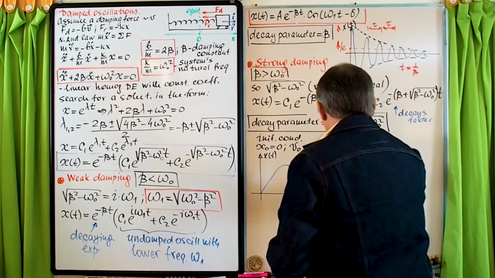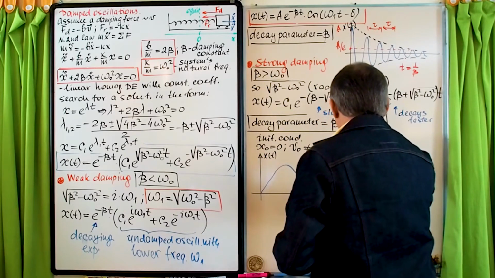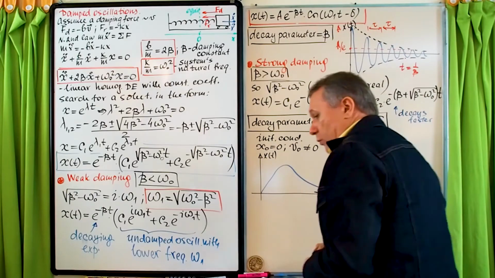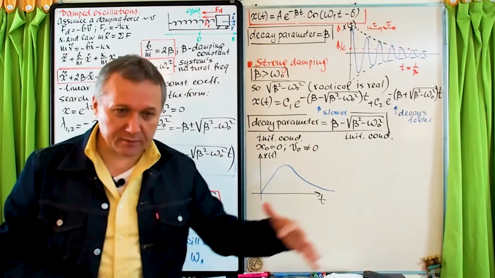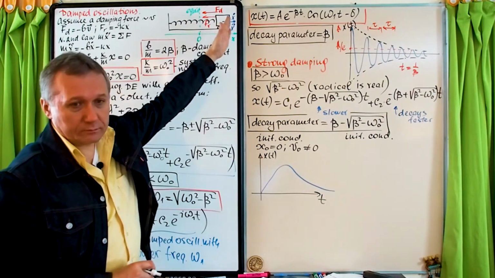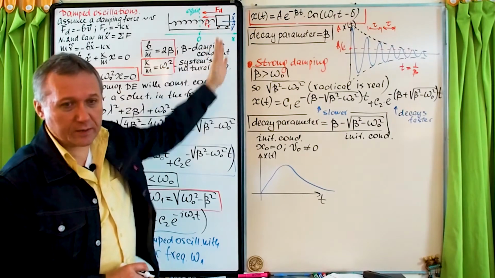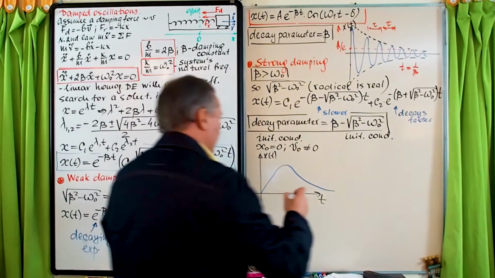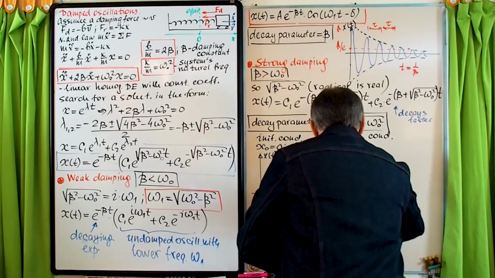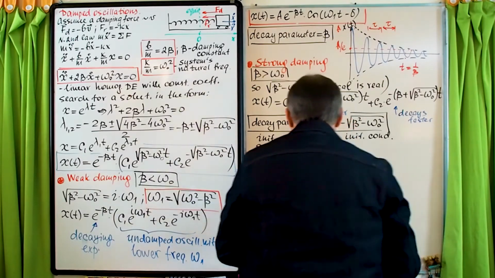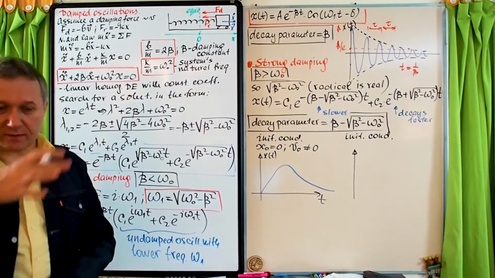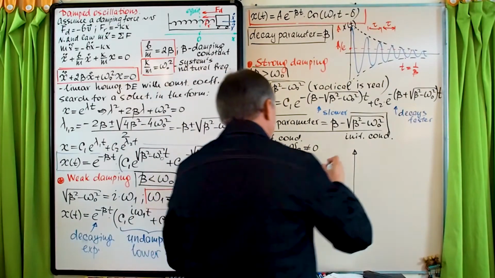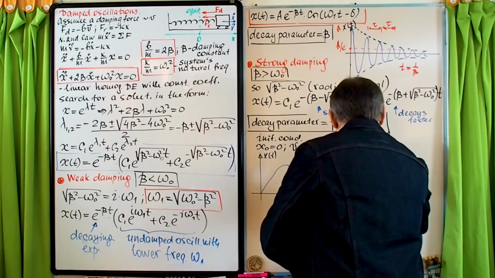And another situation. What if we have these initial conditions? What if we displace the system from the equilibrium, the initial velocity is 0, and then release it? In that case, it will just decay exponentially.